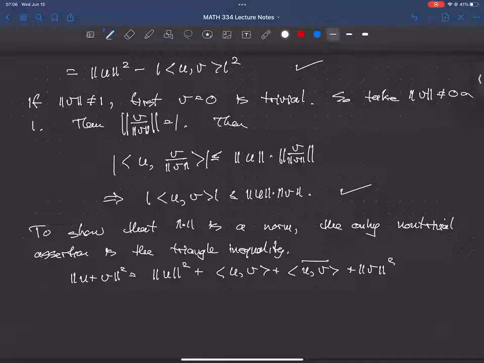Okay. All right. Now what's a complex number plus its conjugate? Well, that's going to be 2 times the real part of the complex number. So this is 2 times the real part of this thing.